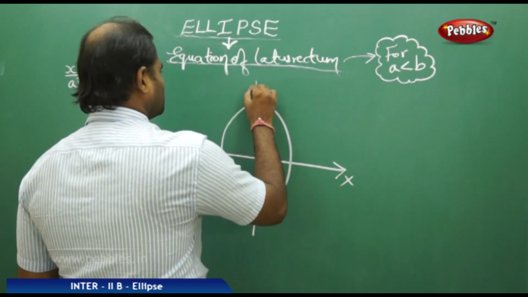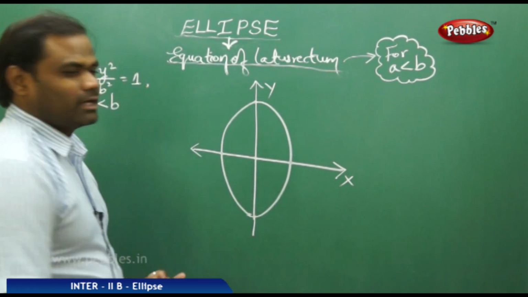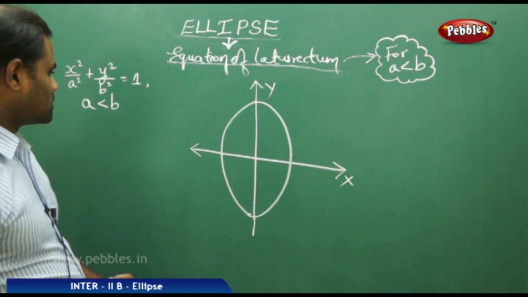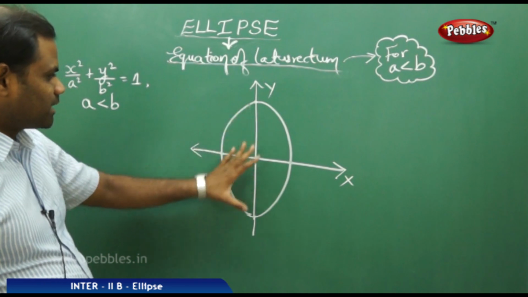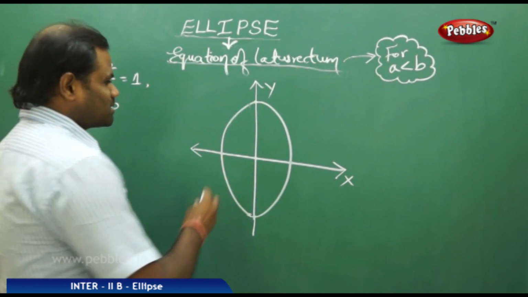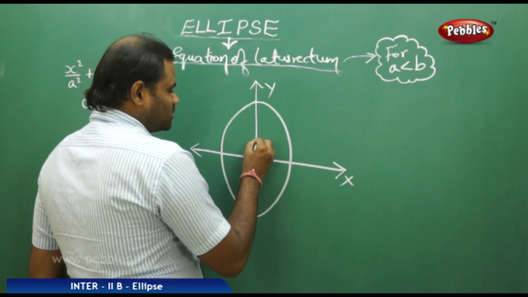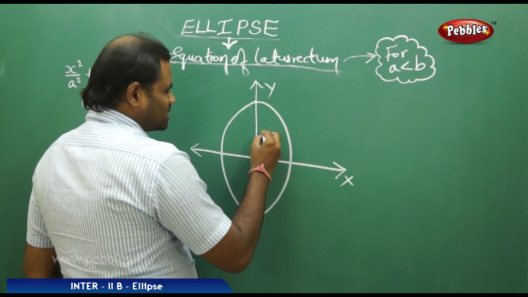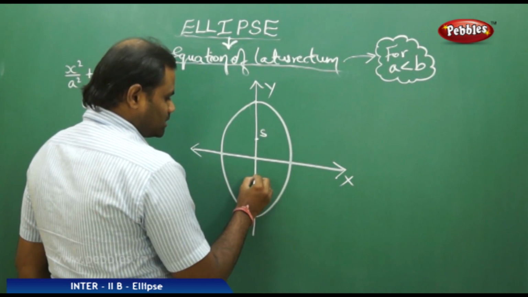Because a is less than b, we have the ellipse with the major axis on the y-axis and the minor axis on the x-axis. Therefore, the foci shift to the y-axis as S and S dash.